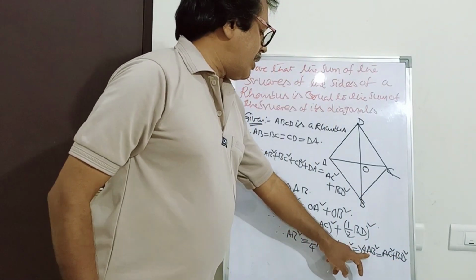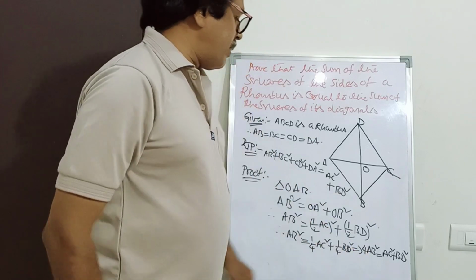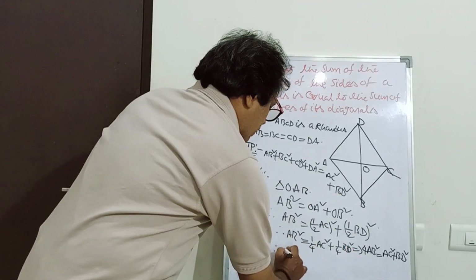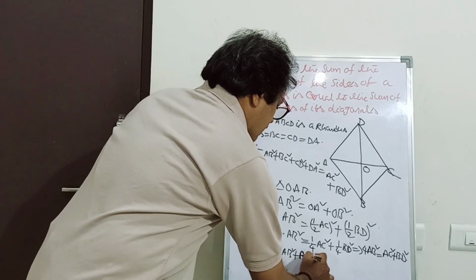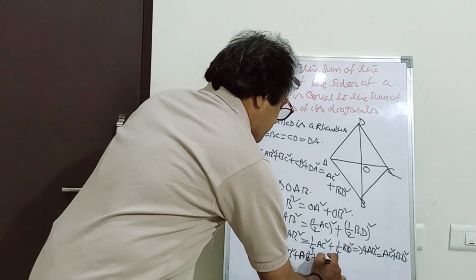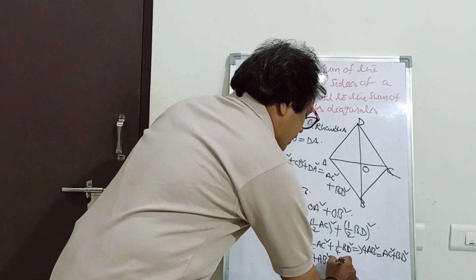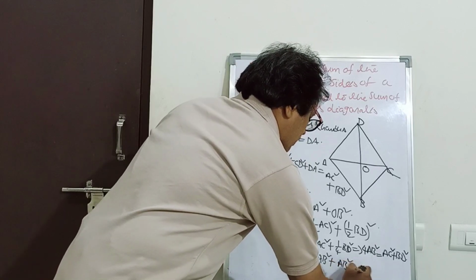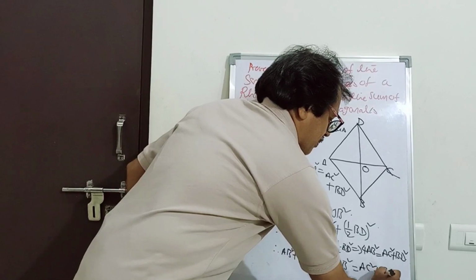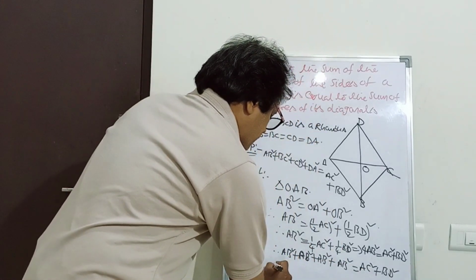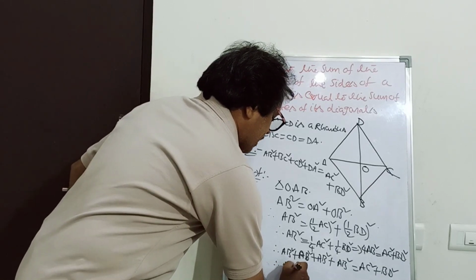So here on LHS, 4AB square can be split up into 4 parts like this: AB square plus AB square plus AB square plus AB square, since this coefficient represents AB square added to itself 4 times, is equal to AC square plus BD square. Here I don't want to change the first AB square. Let it be the same.